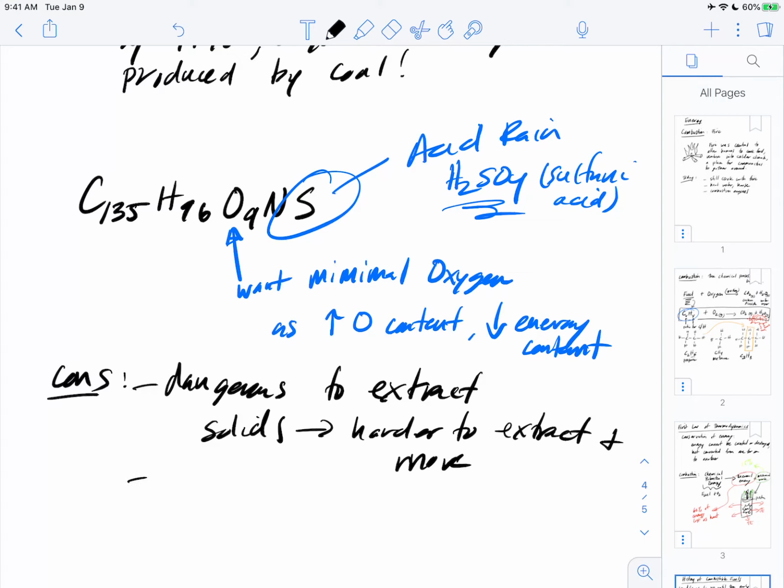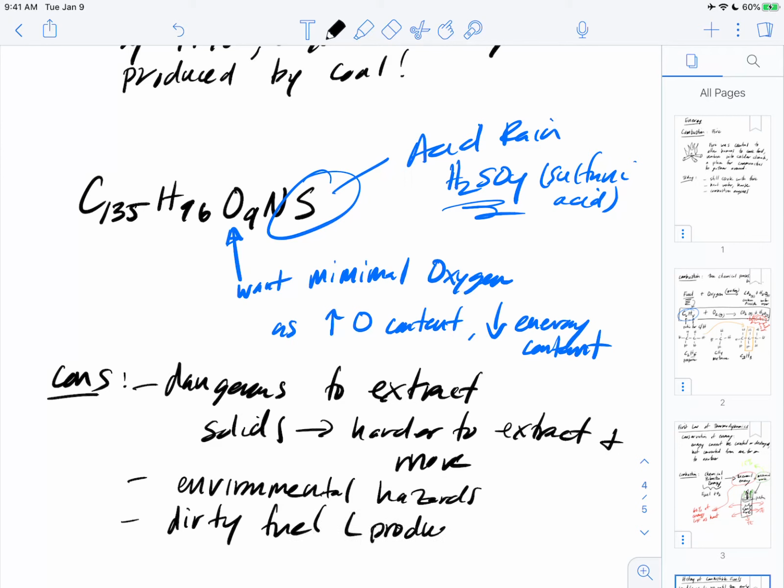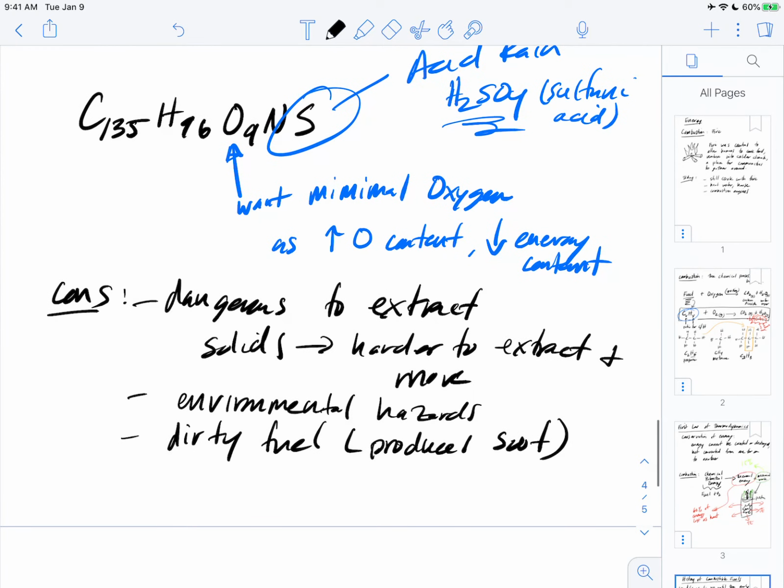That's one. There were a lot of environmental hazards. We talked about acid rain. It's a dirty fuel. It produces soot. And then another one, any combustion of any of these fuels also produces the greenhouse gas CO2.